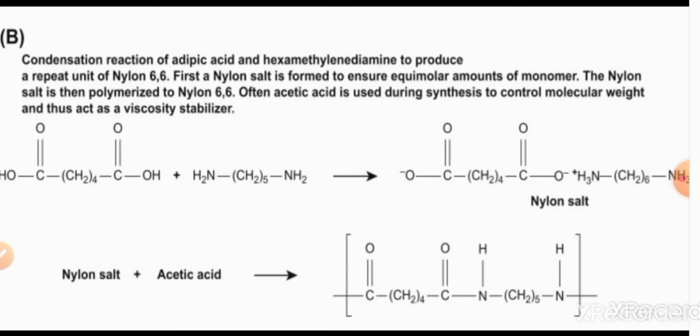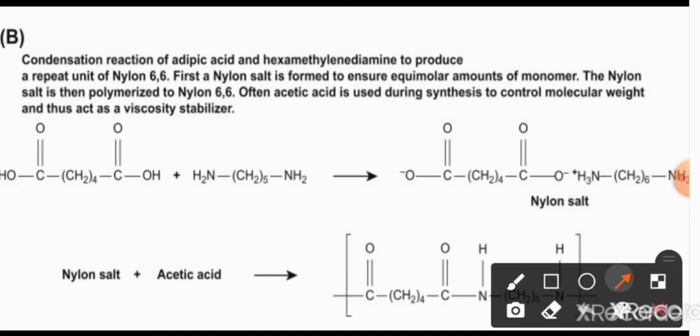The next example of condensation polymerization is the formation of nylon 6,6 from adipic acid and hexamethylene diamine. Adipic acid contains two COOH groups, and hexamethylene diamine contains two NH2 groups.